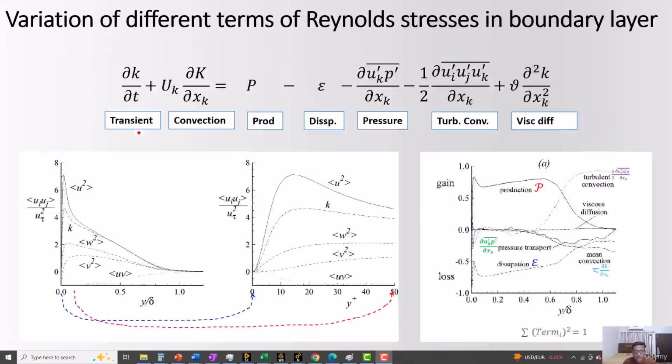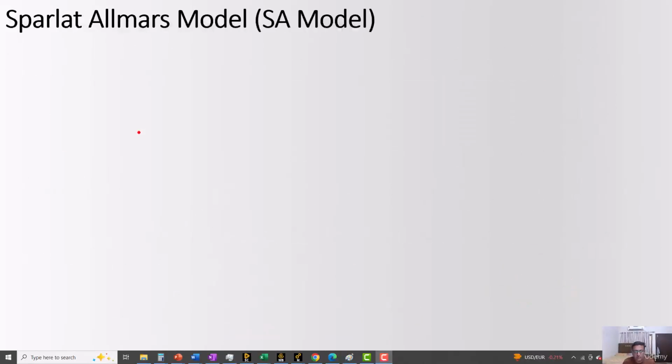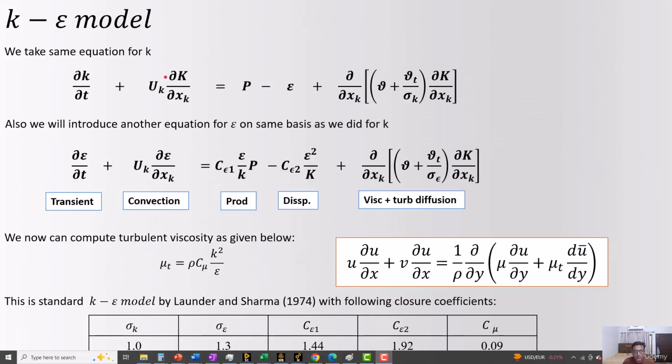But the epsilon equation, the rate of dissipation of the turbulent kinetic energy, is directly inferred from the k equation. So just change k with epsilon and balance the terms, so we have to put in extra terms, like the production P is now added with epsilon. Now we have to balance the equation in terms of units. So these two terms are added here.